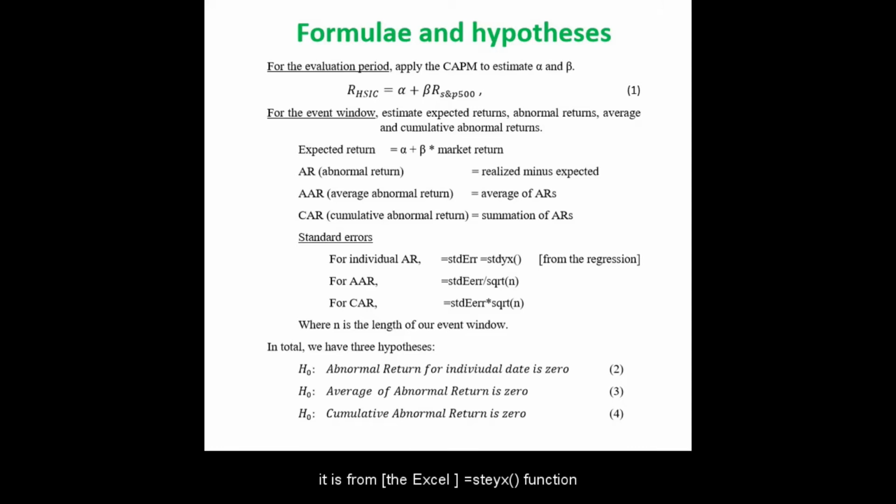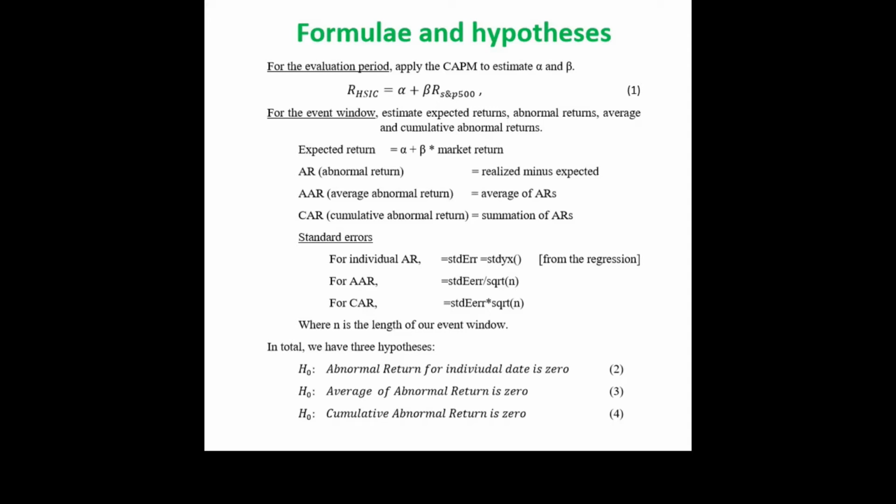It's from STEYX function. For the average abnormal return, is simply this value divided by square root of n. For cumulative abnormal return, this value times square root of n, where n is defined as the length of our event window. In total, we are going to test 3 hypotheses.